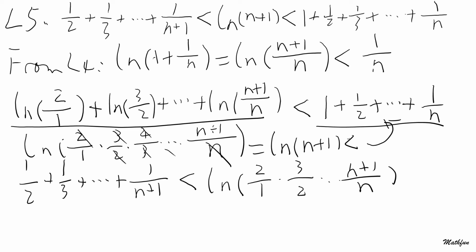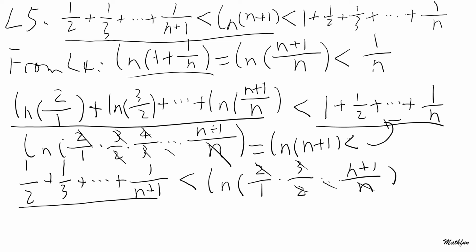Remember what that was? This part is bigger than the reciprocal of n plus 1, isn't it? Okay, and now you can cancel those again, and that will give you exactly the result we are looking for in our lemma 5. So you go from lemma 4: this one uses the right half portion, and this one uses the left half portion, and we have these results.